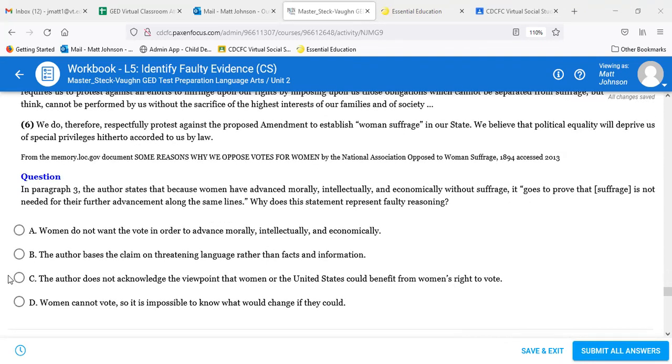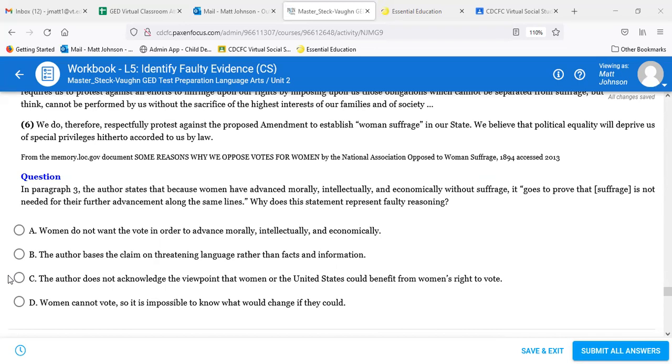Okay. In paragraph 3, the author states that because women have advanced morally, intellectually, and economically without suffrage, it goes to prove that suffrage is not needed for their further advancements along the same line. Why does this statement represent faulty reason?